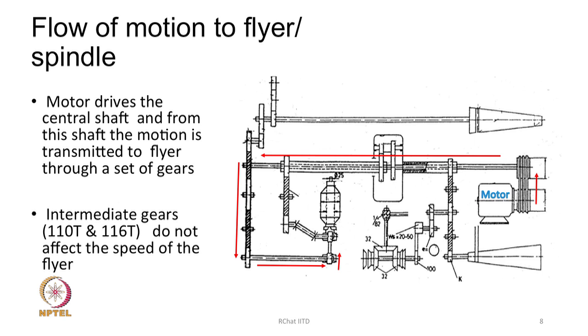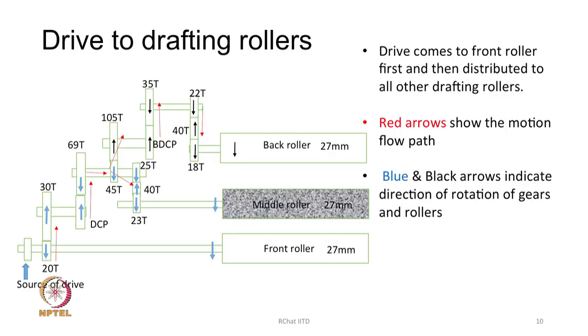The central shaft goes to the other extreme end, from there it goes down to the bottom, and then it drives from the bottom the spindle on which the flyer is mounted. So, the drive is given from the bottom.